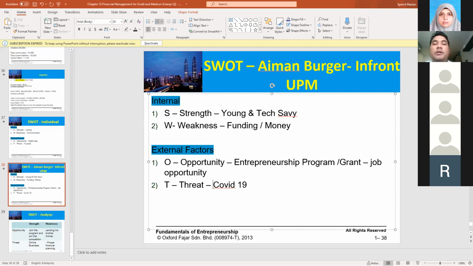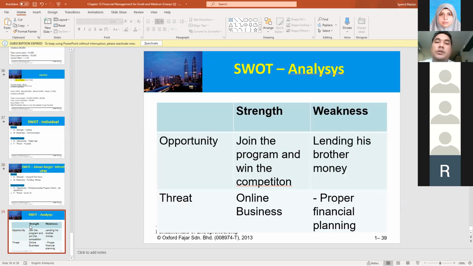But the trick is they come from the COVID-19, because COVID-19 will affect all of your business. So from this kind of thing, you make a SWOT so that with your strength, you can take the opportunity. And with your weakness, yes, I know my weakness, but how do I show my strength so that I can get this opportunity to join the business competition or entrepreneurship program?